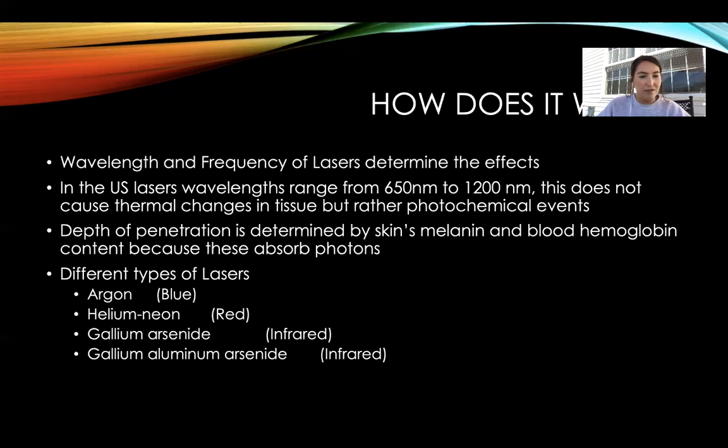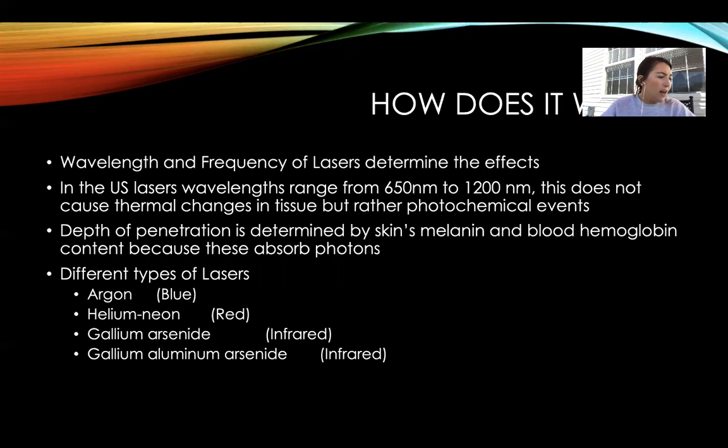Some different types of lasers include argon, which is a blue laser, helium neon, which is a red laser, gallium arsenide, and gallium aluminum arsenide, which are both infrared lasers. The different lasers are used for different treatments depending on how much of the wavelength you need.